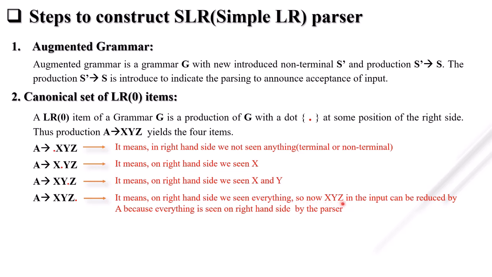So now XYZ in the input can be reduced by capital A because everything is seen on the right hand side by the parser. We do not reduce this XYZ with A earlier because there is one thing left, that is Z, left to see. That's why we cannot replace XYZ with A then, but we can replace XYZ with this A now because we have seen everything. That's why the dot will be at the last.